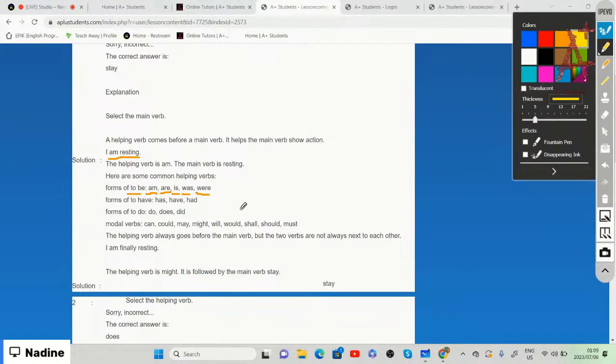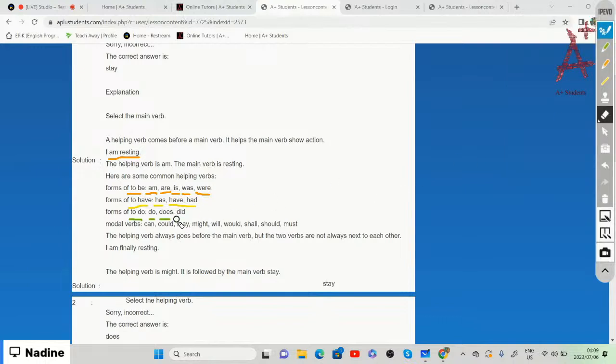Then we have helping verbs that form to have, which are has, have, or had. Then we have helping verbs that form to do, which are do, does, did. These are the common helping verbs that form to be, to have, or to do.